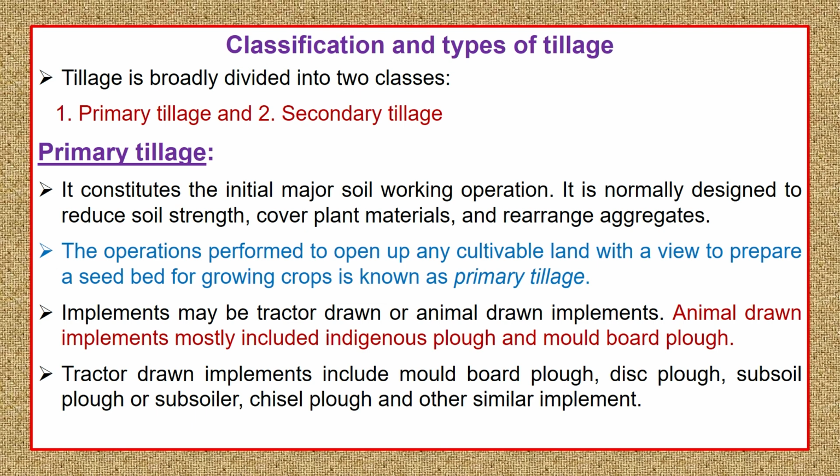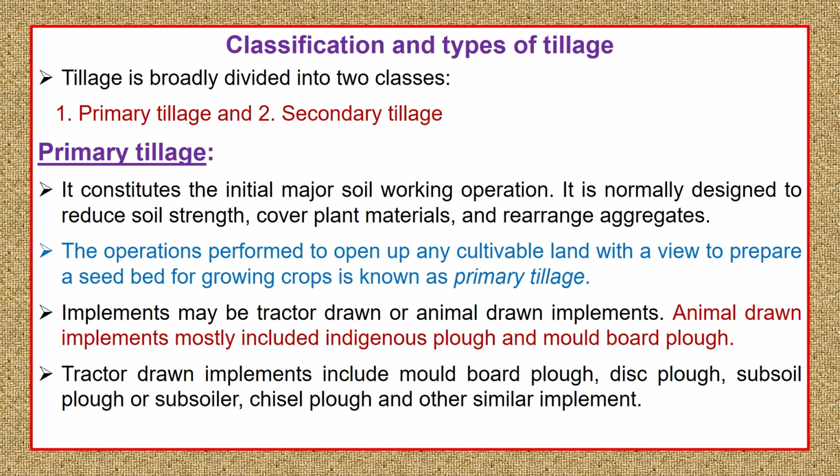Primary tillage is the initial working up of soil, by reducing the soil strength, by minimizing the plant cover over the surface, and rearranging the aggregates. The operations performed to open up any cultivable land with a view to prepare a seedbed for growing crops are known as primary tillage.